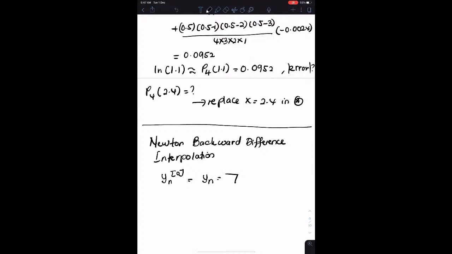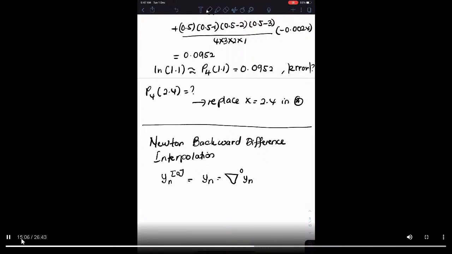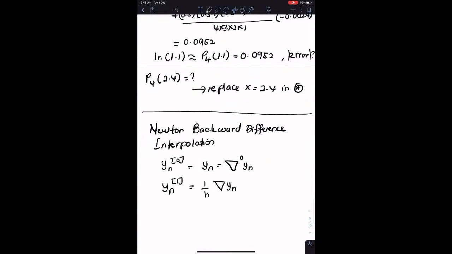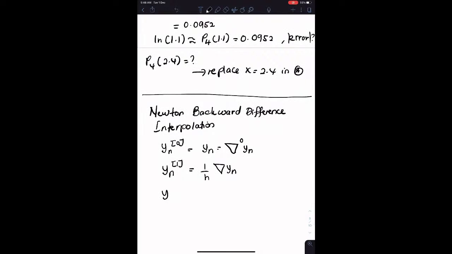Y naught, okay, yn degree 0 is yn equal to backward del 0 yn. So this is given in the question. But now I want to find yn degree 1, which is 1 over h backward difference yn, yn minus 1, yn minus 2.